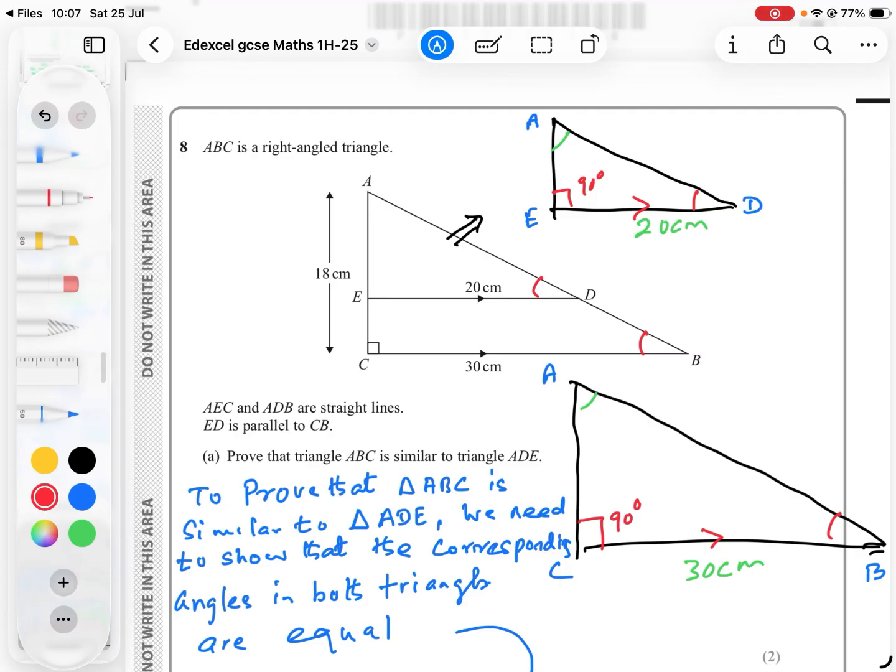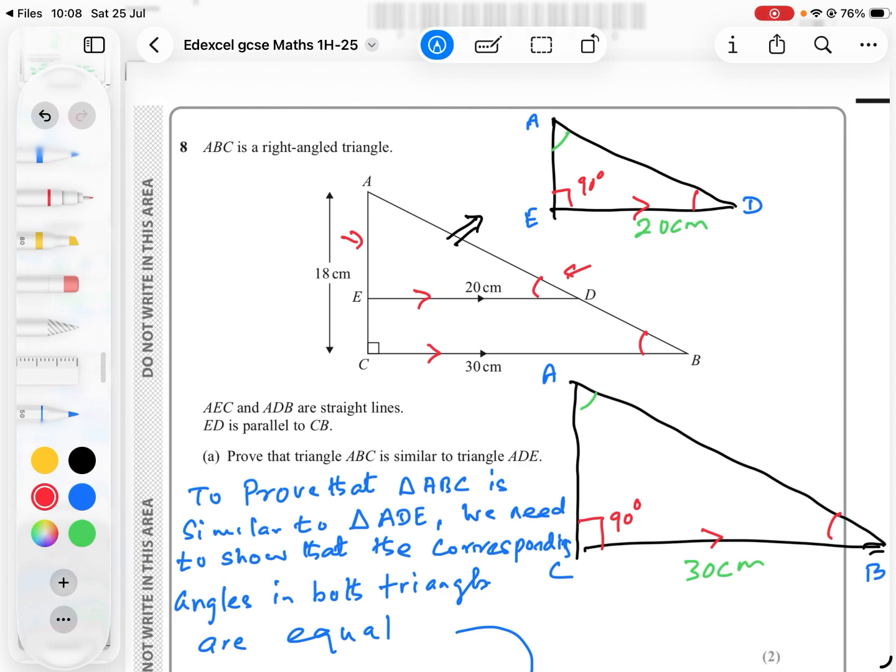AEC, this one, and ADB, this line. AEC and ADB are straight lines. ED, this one, is parallel to CB.